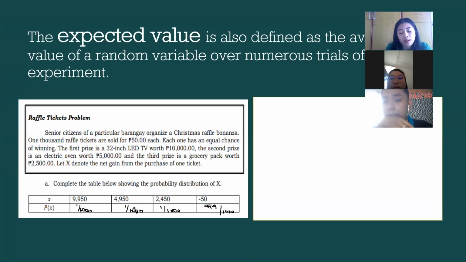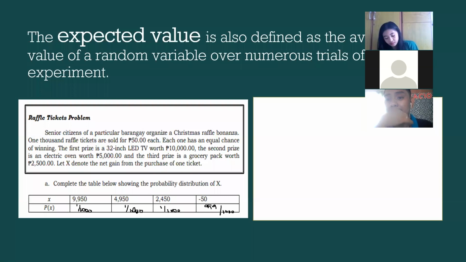Gets po? Ngayon, what is your probability na manalo? Tatlo. So you have 3 out of 1,000. Kasi tatlo yung premyo natin. Yung kanina, isa lang yung premyo, kaya isa lang yung pag-asa mo.